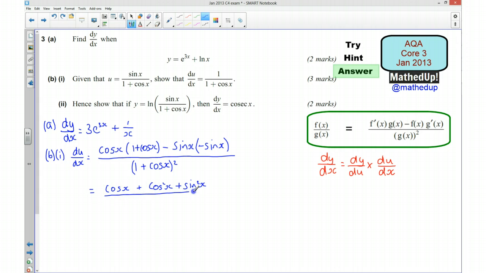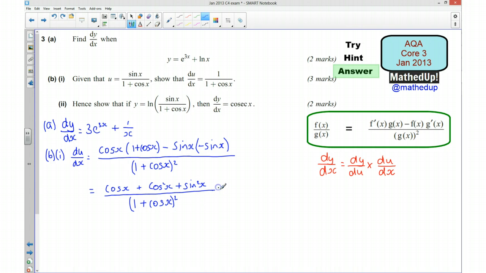And we've still got that over 1 plus cos x squared. So we should be able to spot here that cos squared x plus sine squared x is equal to 1 using our trig identity.